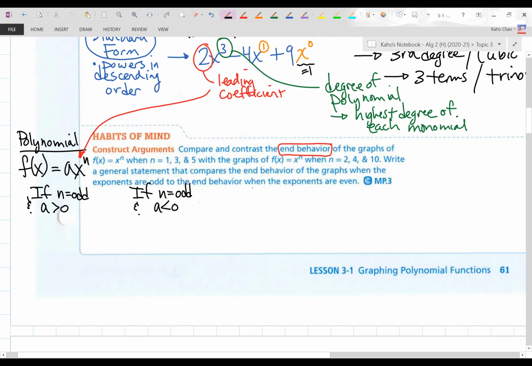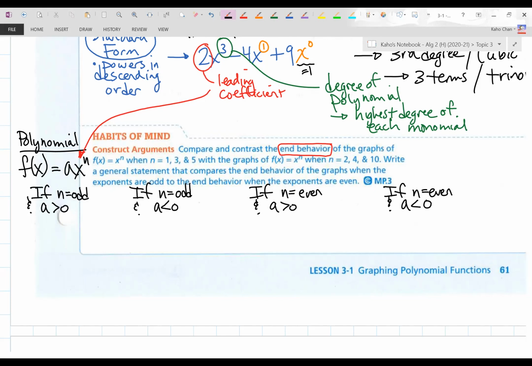What happens if my power is even? We have those 2 scenarios too. The leading coefficient is positive, or the other possibility is what happens if it's negative. So let's write down all these scenarios out. There you are, either odd or even, or positive or negative for the leading coefficients. Let's make note of that. Positive, negative. I like to write it all out sometimes, one chunk at a time.